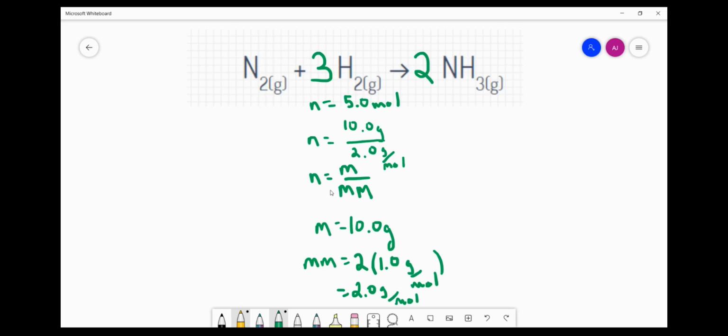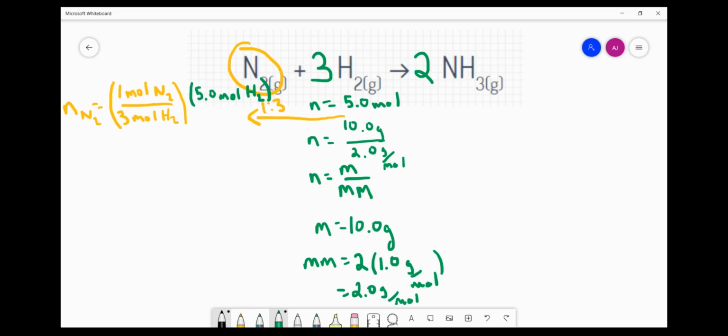The question asked something about nitrogen gas. So now I'm going to look at the ratio between hydrogen and nitrogen. So do a little arrow here. For every 3 moles of hydrogen, I need 1 mole of nitrogen. So let's just put that ratio right here. Hydrogen and nitrogen react in a 1:3 ratio.